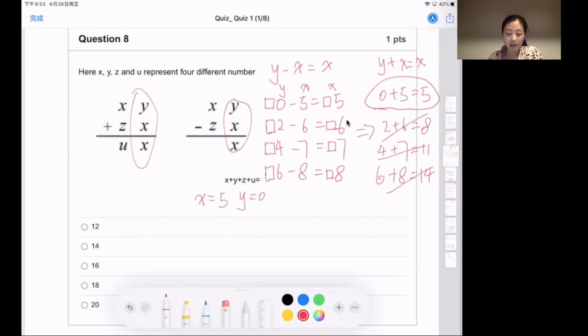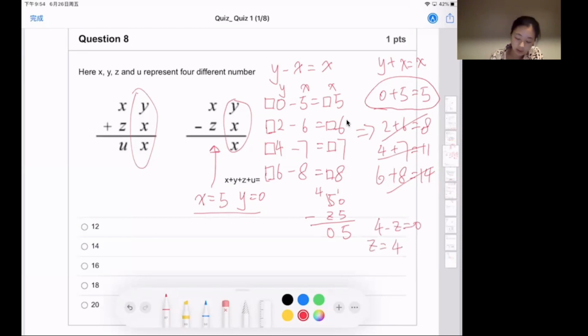Then we can plug the numbers in here. So it's 50 minus some 5 equals 5, right? And since we need to borrow 1 to do the minus, here's 4. Now here is 0. 4 minus z equals 0, so z equals 4.